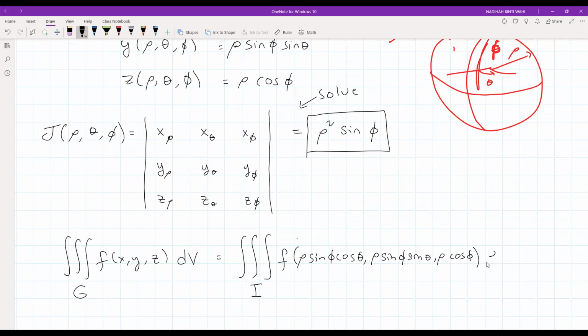Okay, and then this will be rho squared sine phi, and the order should be d rho, d phi, and then d theta. Okay, usually in this order.